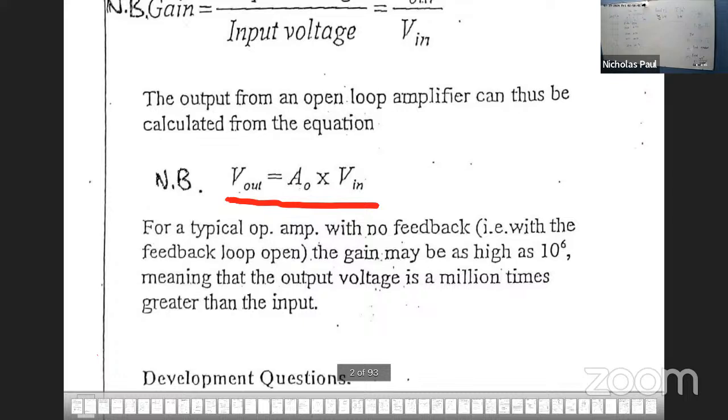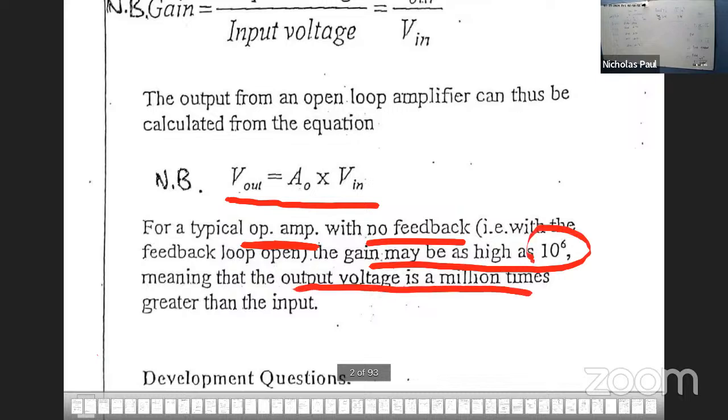Right? For a typical op amp with no feedback, the gain will be as high as 10 to the power 6, meaning that the output voltage is a million times bigger than the input.